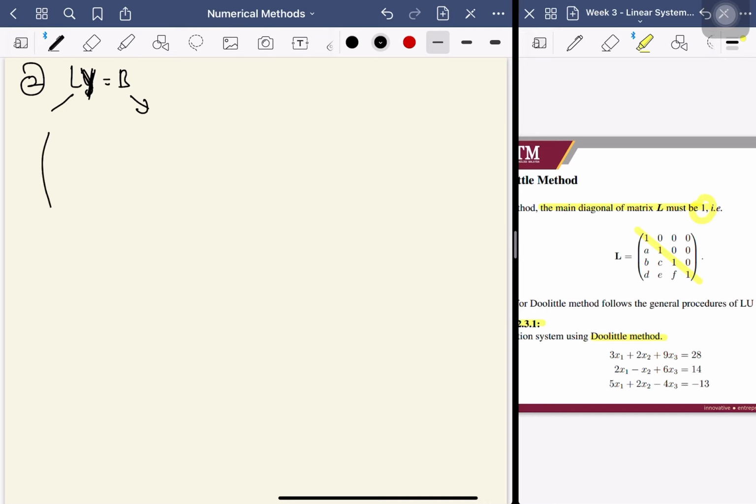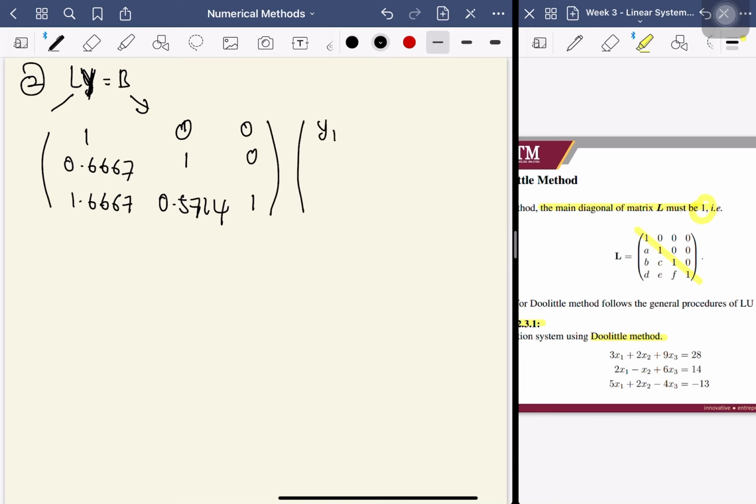So we write back: 1.667 here, 0.1 here, with y1, y2, y3. The components for B are given in the question: 28, 14, negative 13.